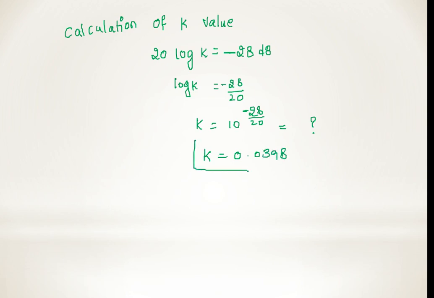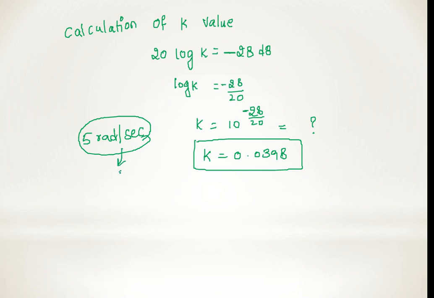Because in the question they mentioned the gain crossover frequency at 5 radians per second. So we calculated already the magnitude at 5 radians per second. The magnitude at 5 radians per second is 28 decibels. That's why we have to equate the 20 log k equal to minus 28 decibels.